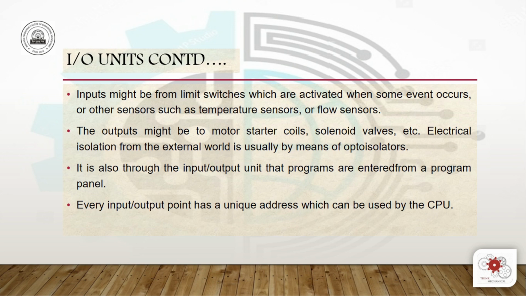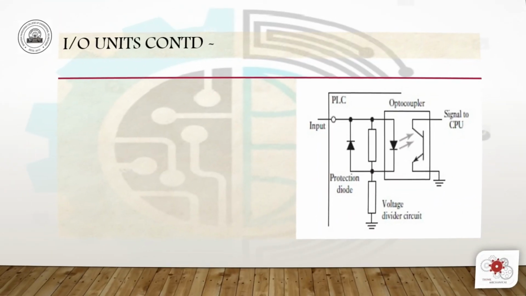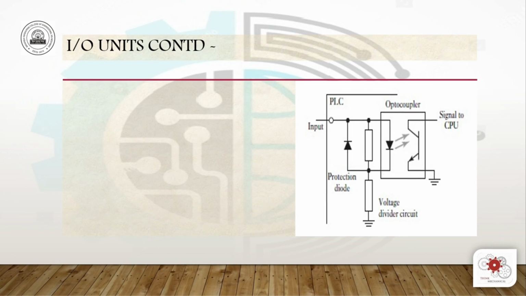Now every IO point has a unique address, called an IP address, which is used by the CPU for giving or receiving the signal. The next part is the figure, which shows the basic form of input and output device.